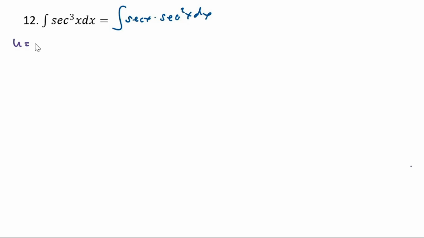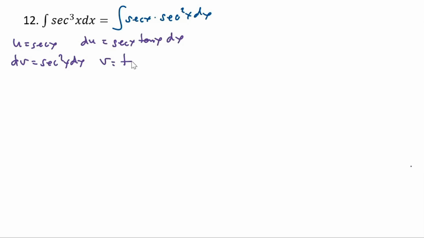Our u there is secant x and dv is the remaining terms, which is now secant squared x dx, and then our du is equal to secant x tangent x dx, and v now is the integral of secant squared x dx, which is now tangent x.